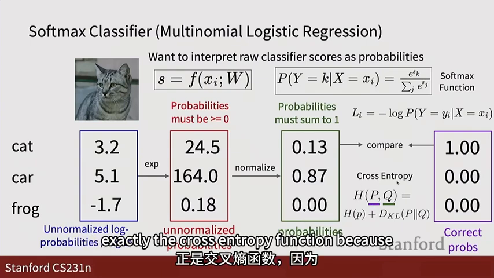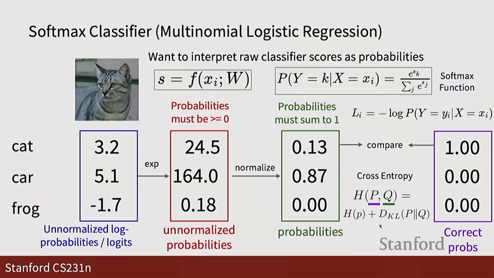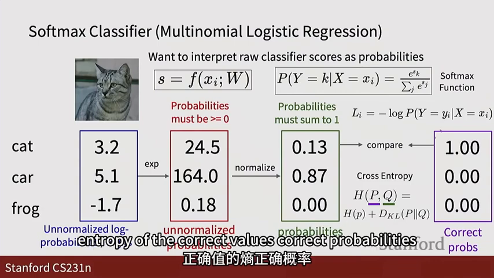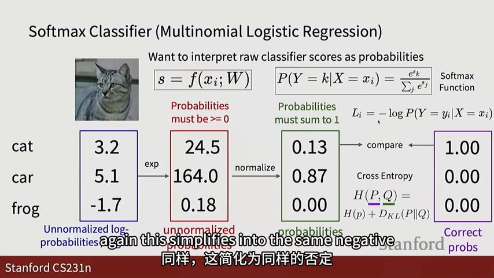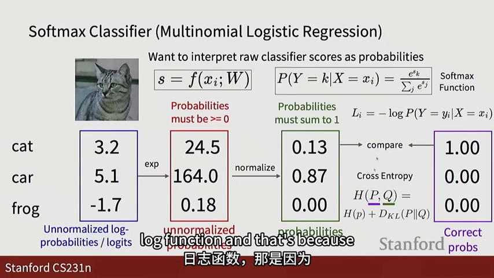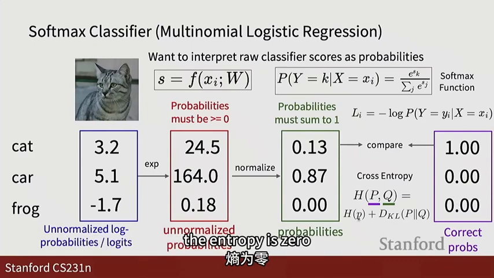And even going further, this is exactly the cross entropy function, because if we use the entropy of P, the entropy of the correct probabilities, plus that same KL divergence, again, this simplifies into the same negative log function, and that's because when we use one hot encoding setting for the classes, the entropy is 0.